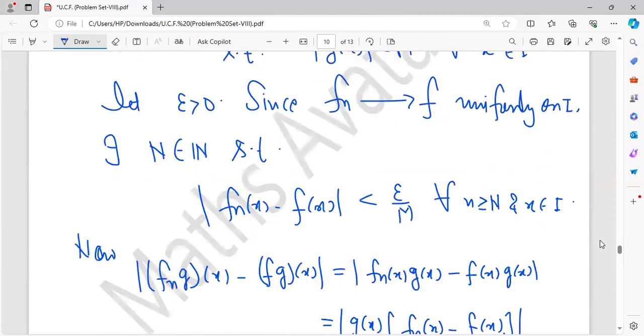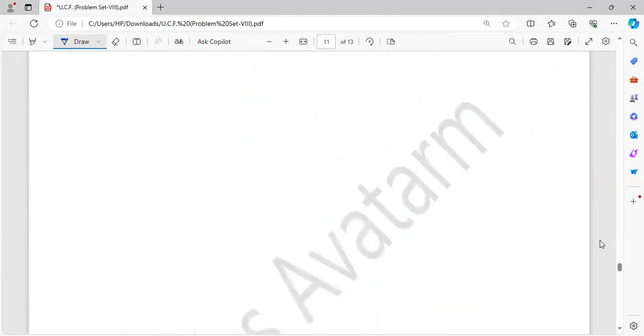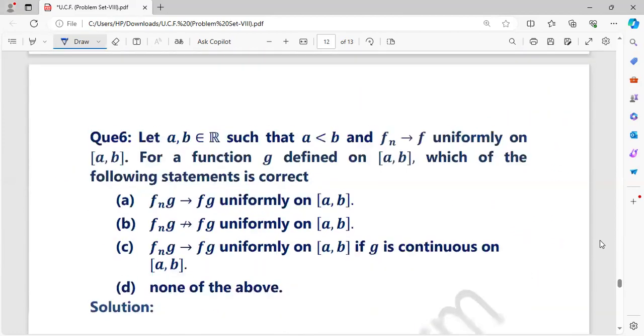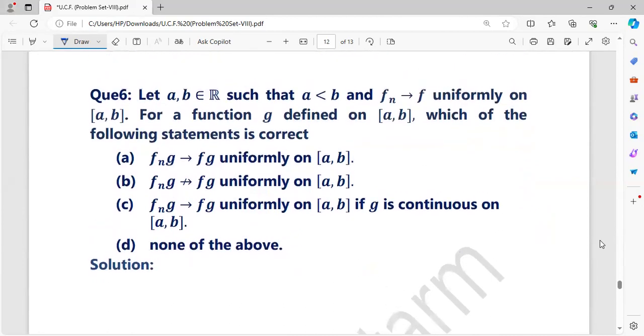So now move to the last question. If a, b belong to R such that a is less than b, and Fn converges to F uniformly on [a, b], and for a function G defined on [a, b], which of the following statements is correct?